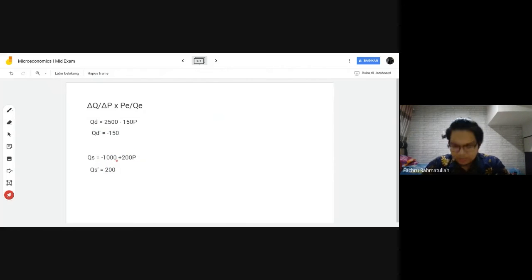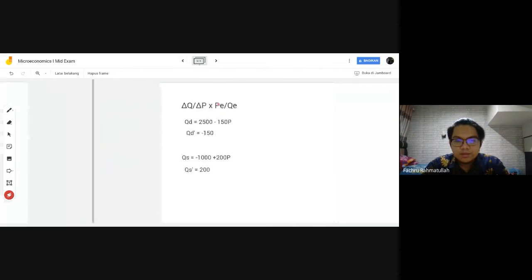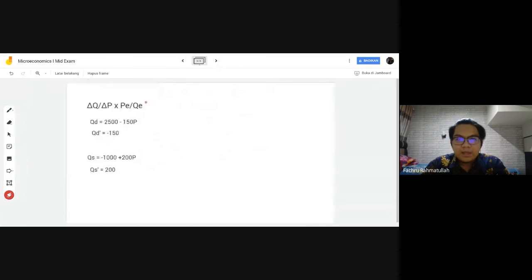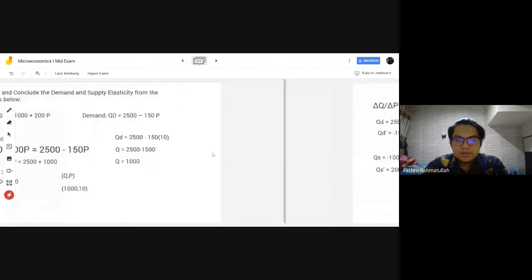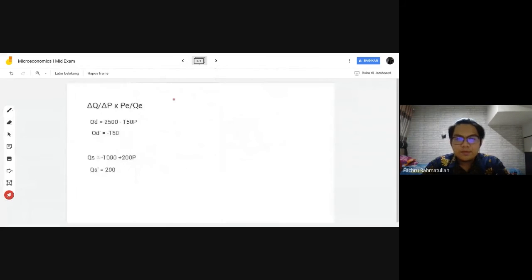So we just need to put this number into the formula. Forgot to tell you, this is the point from equilibrium. We got PE means 10 and the QE means 100. Okay, let's just put this number into the formula. Sorry.